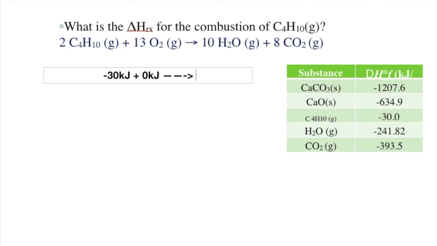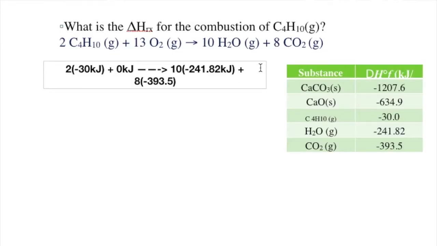It's going to yield water, and the heat of formation for water is negative 241.82 kilojoules per mole. And then we have carbon dioxide, which has a heat of formation of negative 393.5 kilojoules per mole. So this is per mole. As we can see, we have 2 moles of C4H10, so I'm going to multiply the 2 moles times the heat of formation.